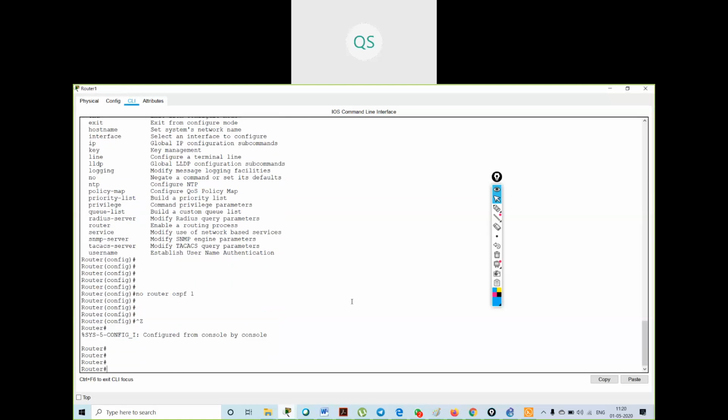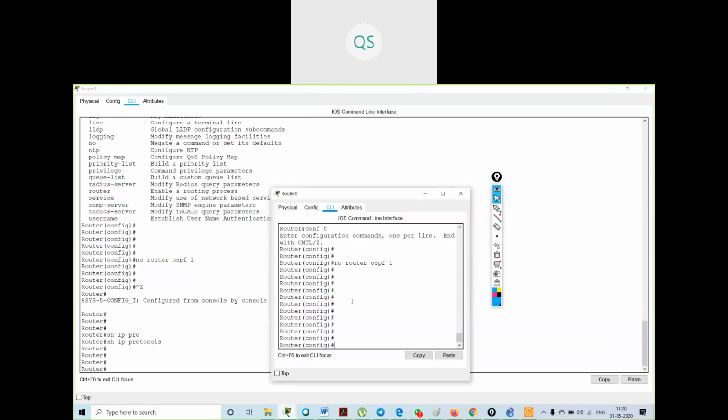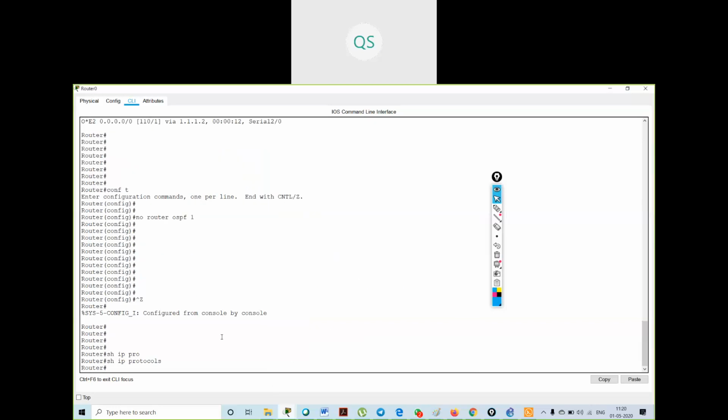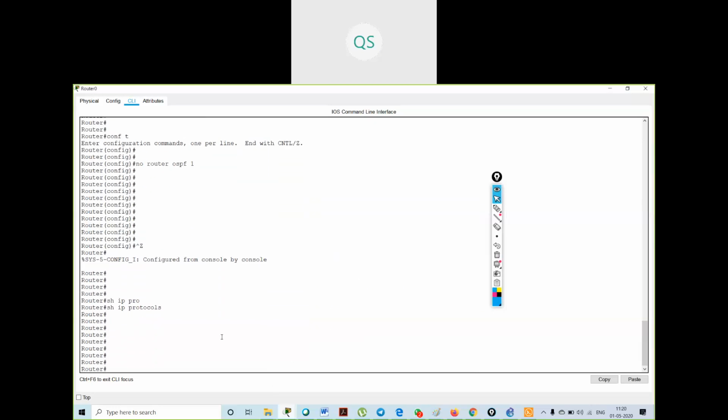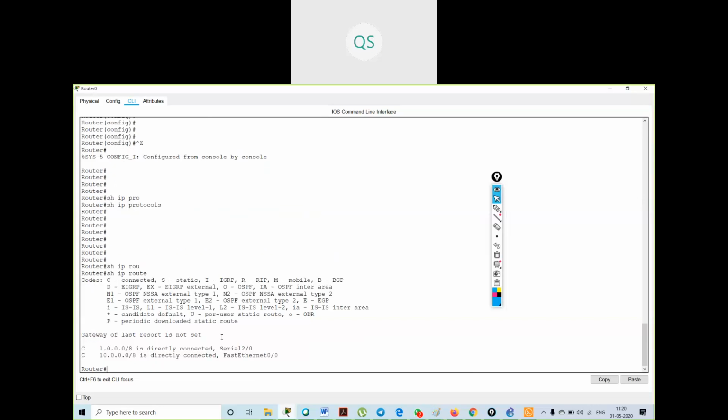Show IP protocols: I'm not having any protocols running. Show IP route: I'm only having directly connected routes.